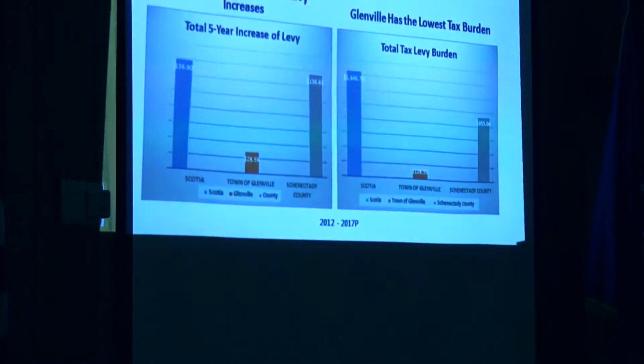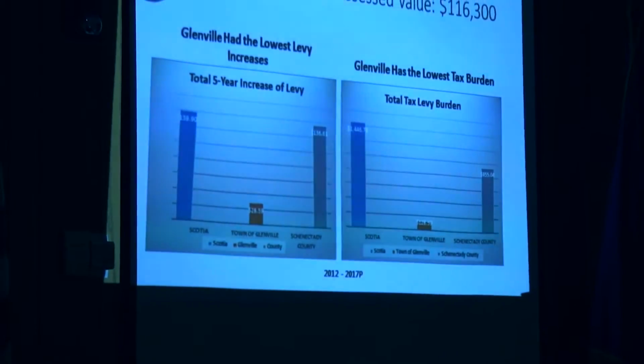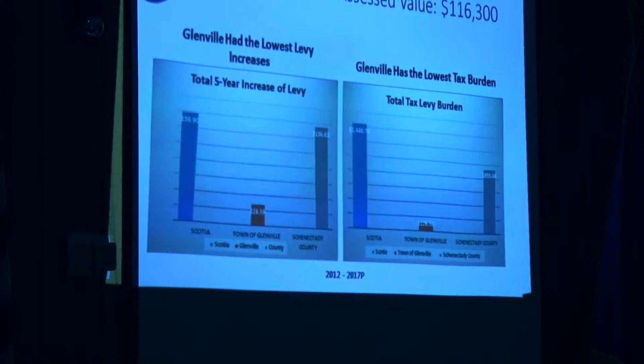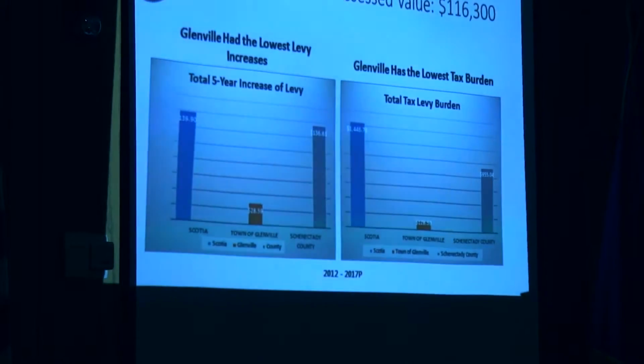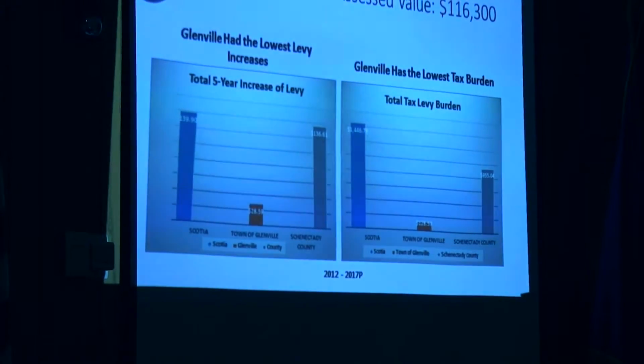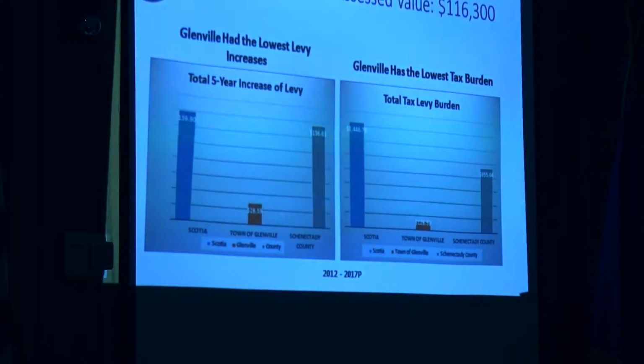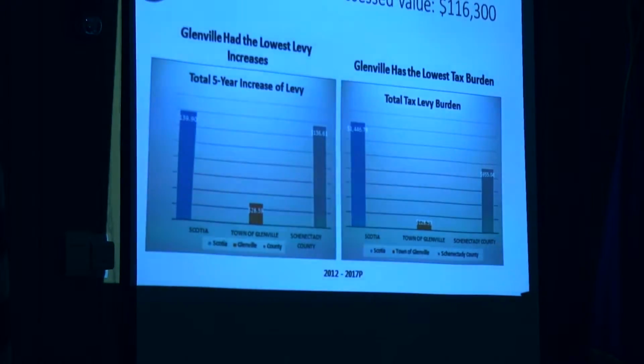So that's a significant amount of growth on the village and the county burden. And what that has done, as you can see, total tax burden, if you're in the village and you have a house at $116,000, you're paying $1,400 to the village, $955 to the county, and just $128 a year to the town. That's for a village house.